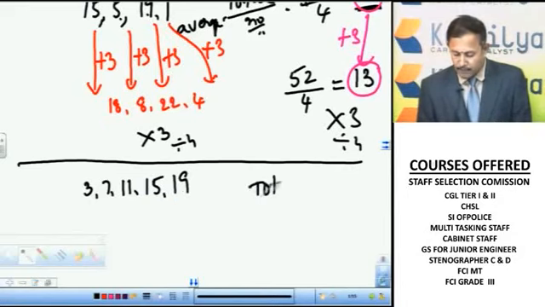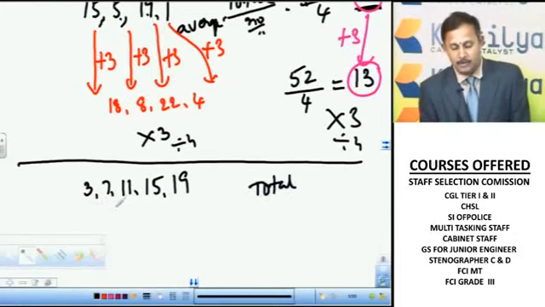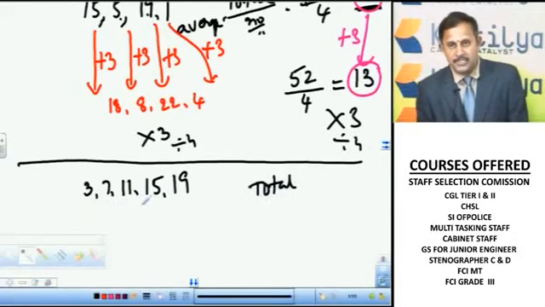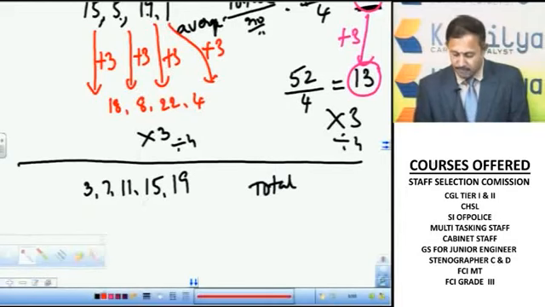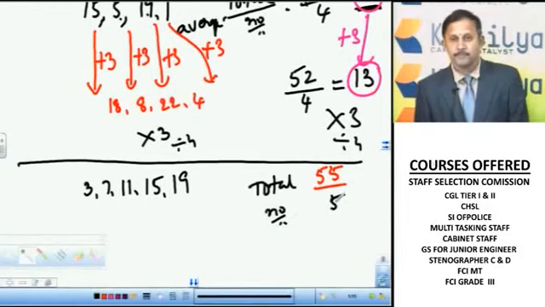What is the total for all these 5 elements? 3 plus 7, 10, 10 plus 11, 21, 21 plus 15, 36, 36 plus 19, 55. So here the total is 55. What is the number of elements here? Here the number of elements is 5.